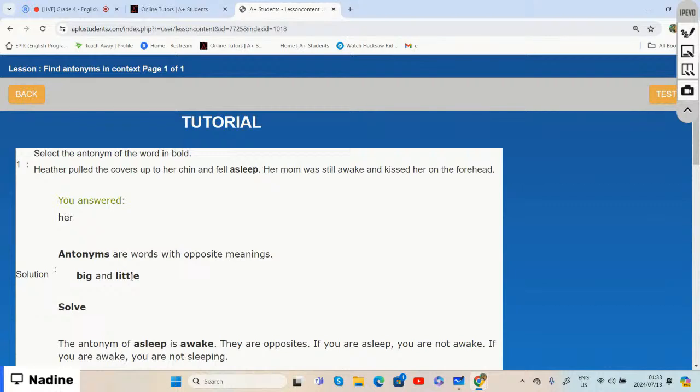So we said antonyms are words with opposite meaning, and we made an example of big, little, love, hate, black, white, right?